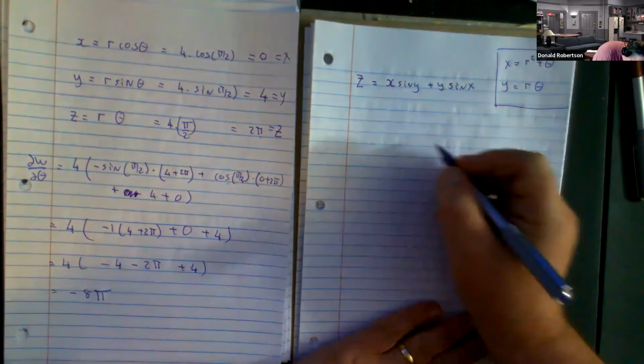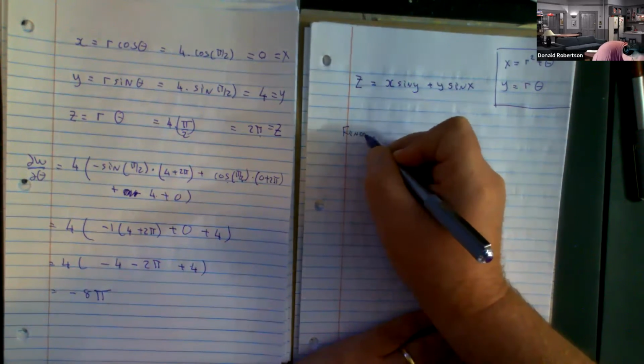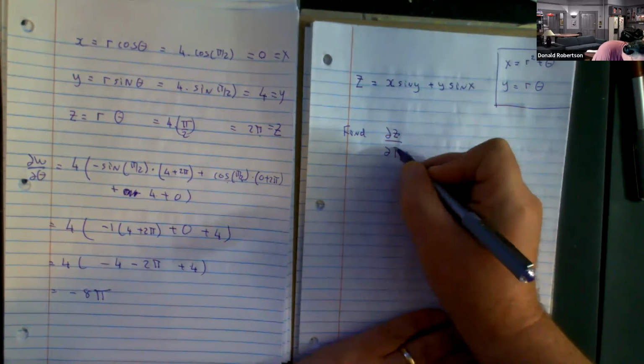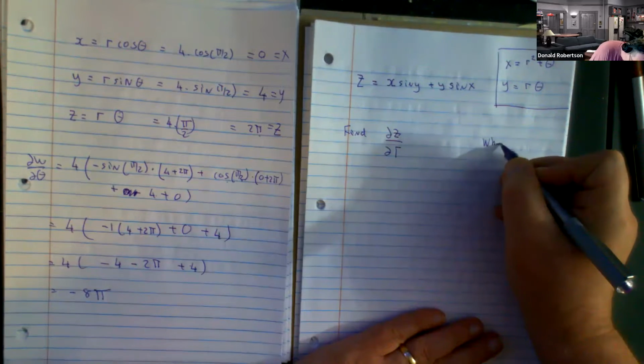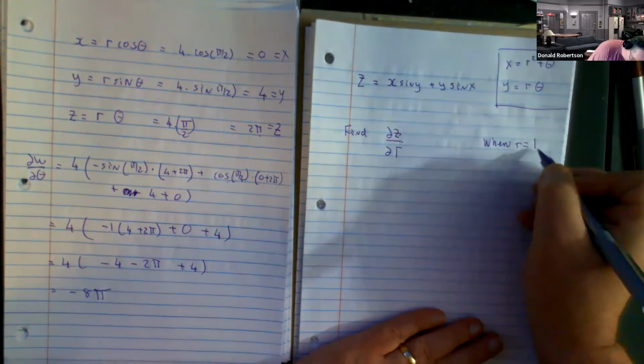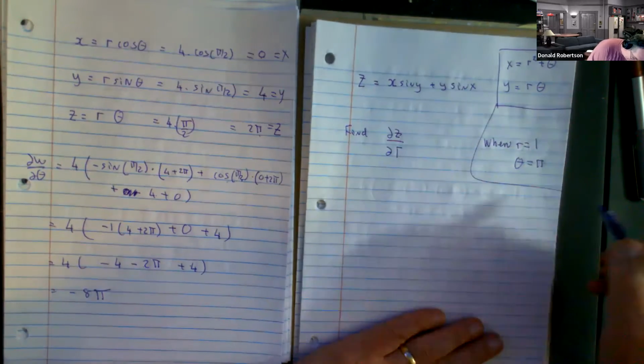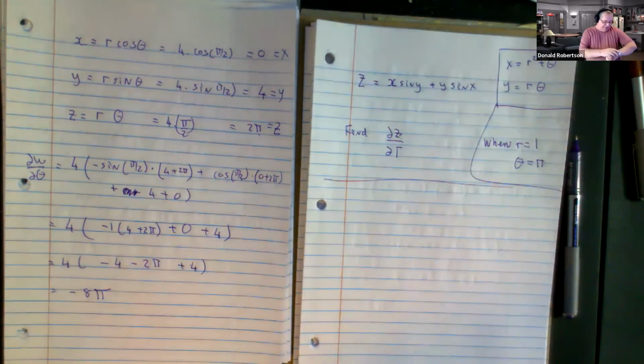And your question is find the value of the partial derivative dz by dr when r is 1 and theta is pi. And you have got 3.5 minutes from now. No pressure. Go for it.